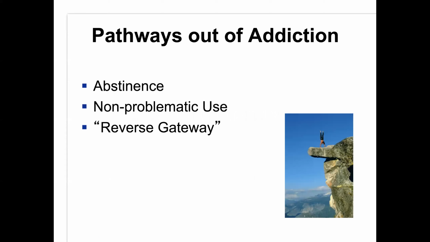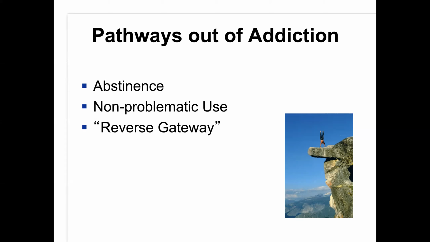Is abstinence the only pathway out of alcohol or drug problems? The classic disease model asserts this, in great part due to the belief that alcoholism cannot be cured, but can only be arrested. Remember the alcohol allergy metaphor at this point.